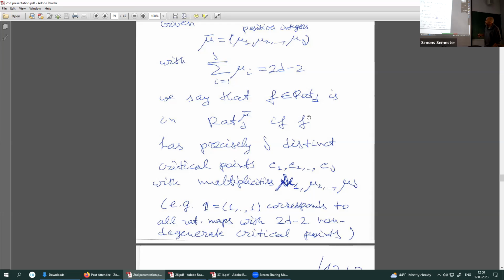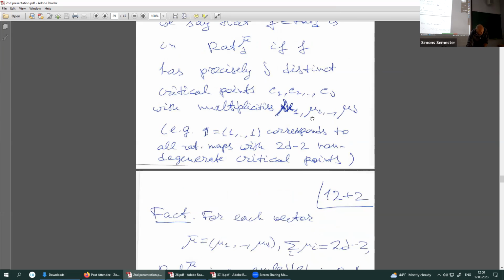Okay. For example, if this vector is just all ones, then that means 2d minus 2 non-degenerate critical points. Okay, so this is the definition.